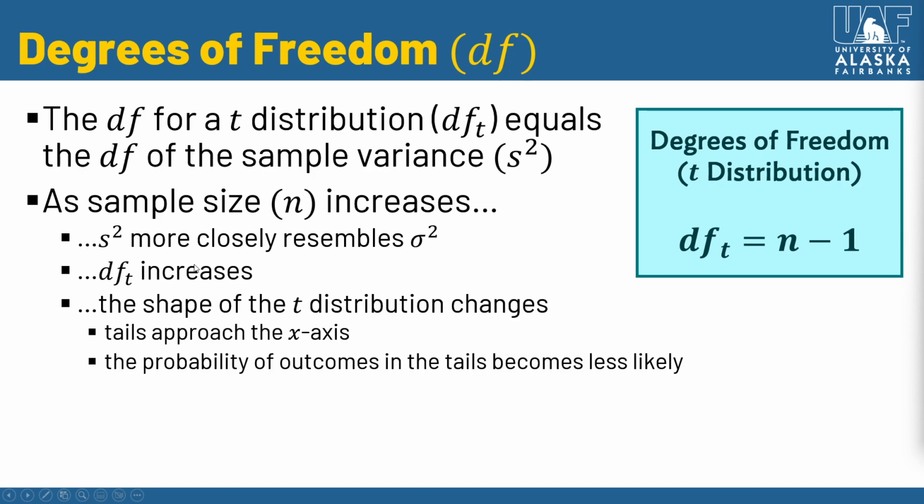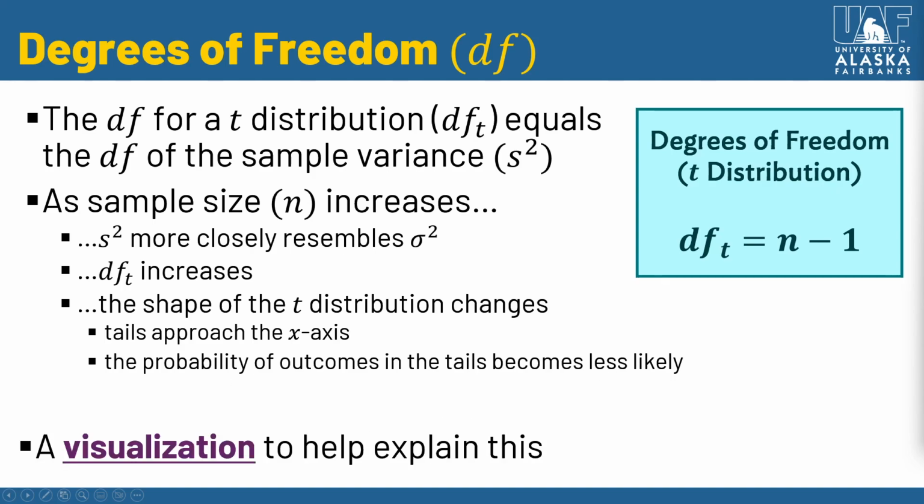And as our degrees of freedom increases, the shape of the t-distribution changes. Just like you saw on a previous slide, the tails approach the x-axis and the probability of outcomes in the tails becomes less likely.